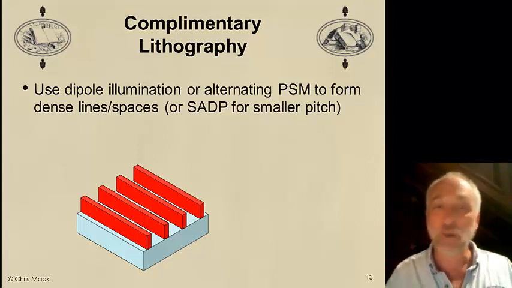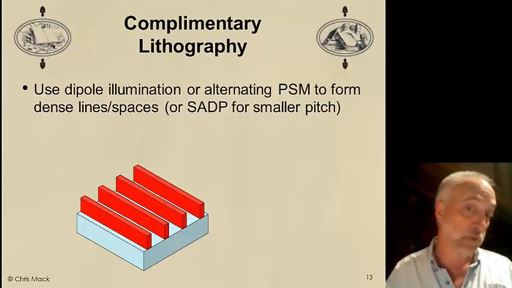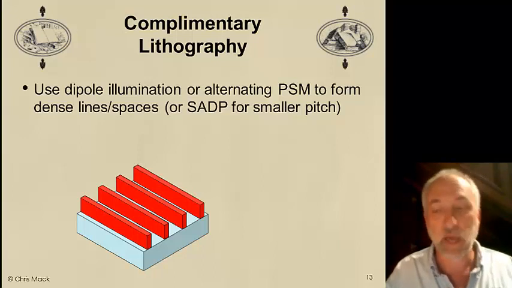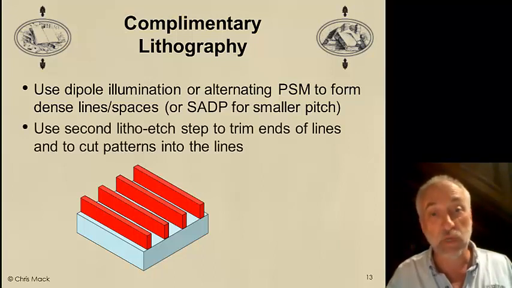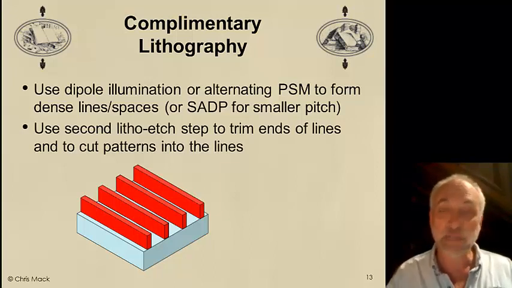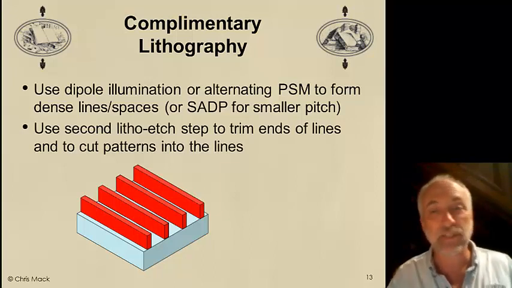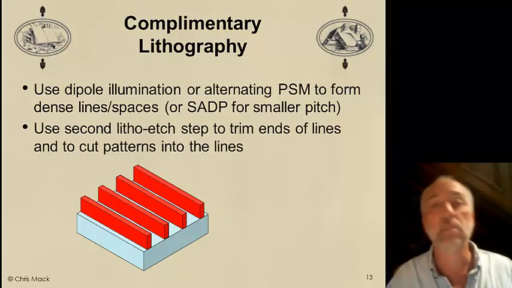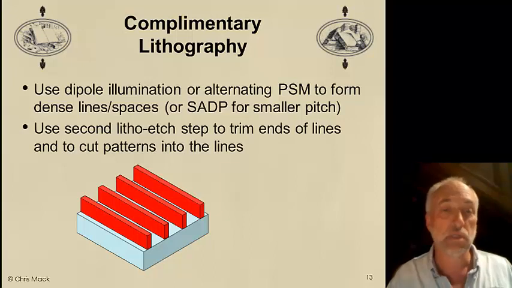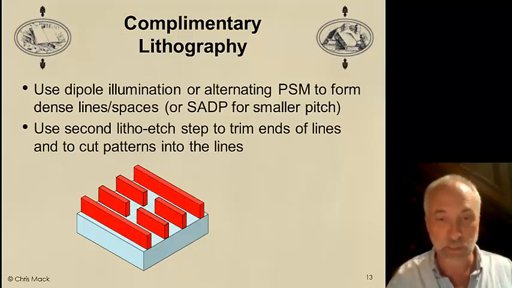But I generally don't want just lines and spaces to make a circuit. I want patterns that have other characteristics. One of the things I often want to do is create lines that are shorter than some other line. So I can use a second litho and etch step that essentially is perpendicular to these lines in order to trim the lines and make cut patterns into these lines.